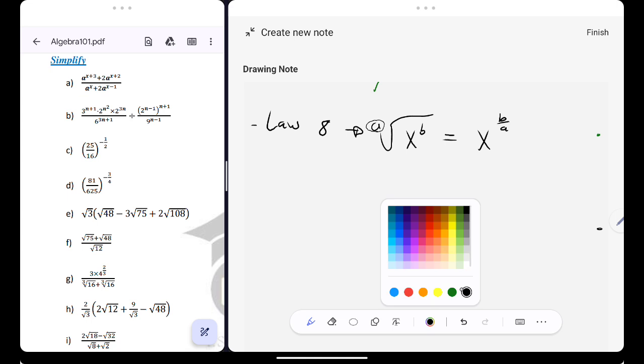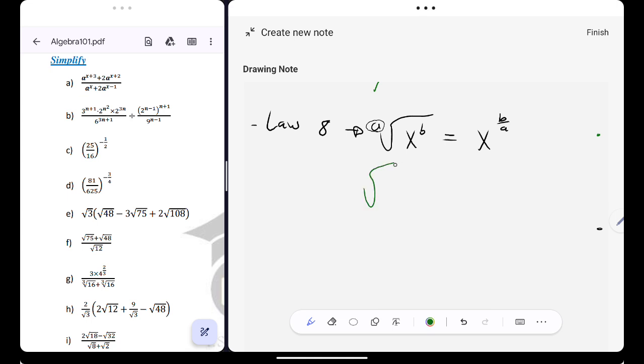If you have something like the cube root of 9, for example, we know that 9 can be written as 3 squared. So this thing will be 3 raised to the power 2 over 3. Please note that this 3 is the same as this one. The denominator of your exponent is equal to the root of a number. Alright, together.